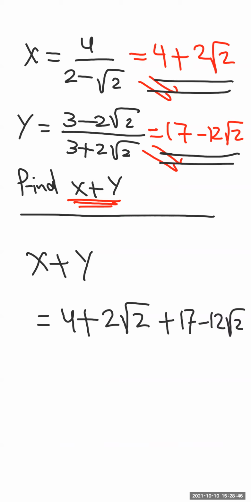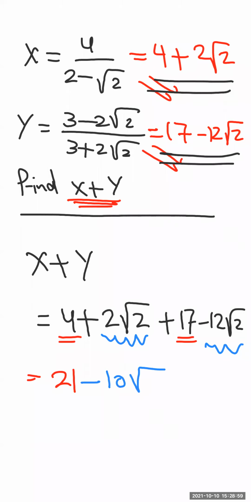Now add or subtract the like terms, 4 plus 17, actually it's 21. Then 2 square root of 2 minus 12 square root of 2, so minus 10 square root of 2. That's it. Okay, guys, do we have any questions?